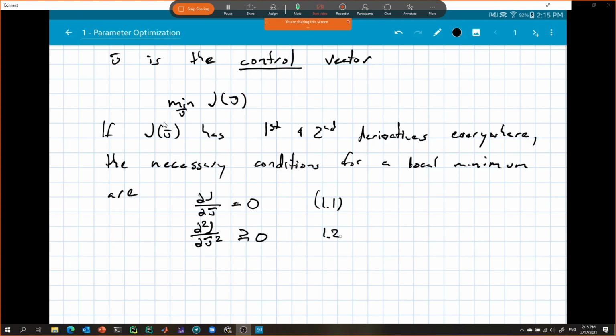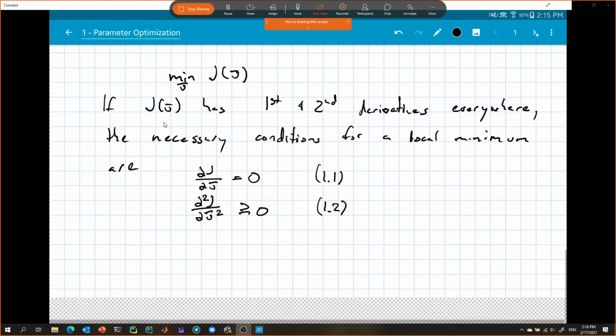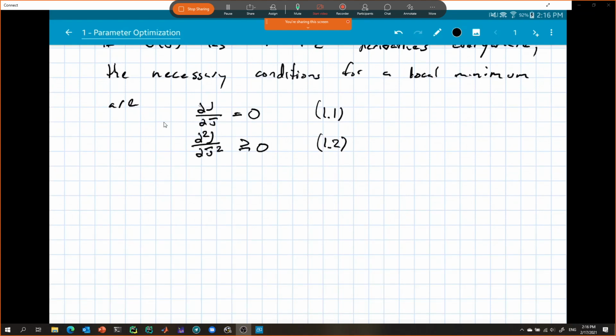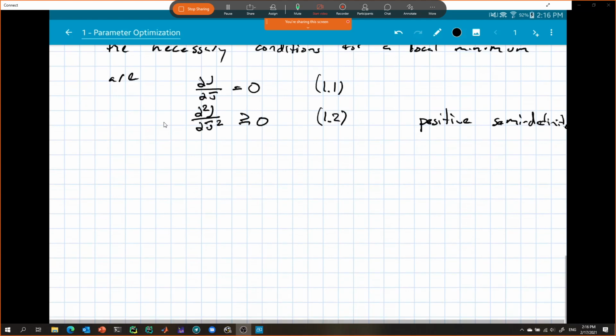That's 1.2. And this is positive semi-definite. Sorry, ran out of space there.